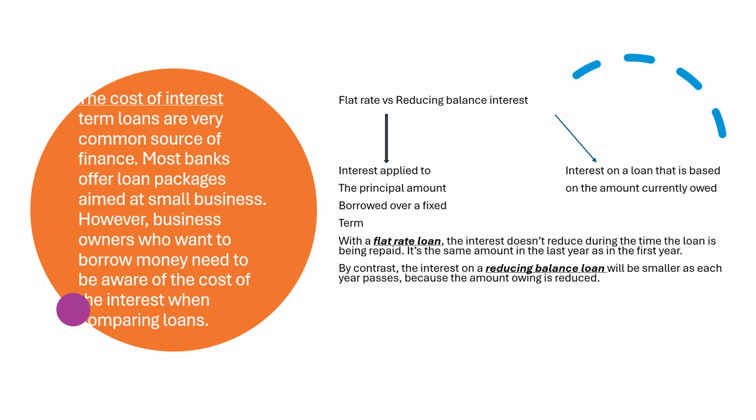This means the total interest cost stays the same each period, regardless of how much has been repaid. With the reducing balance interest method, interest is calculated on the outstanding loan balance, not the original amount. As you make repayments, the balance reduces, and so does the interest charge. This method is often cheaper overall, but not all lenders offer it.